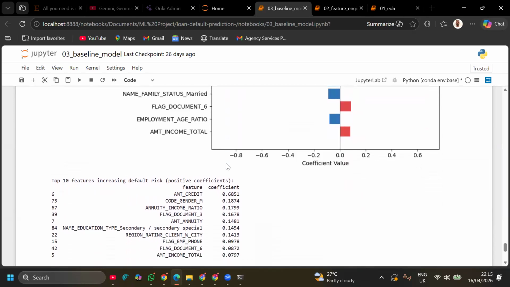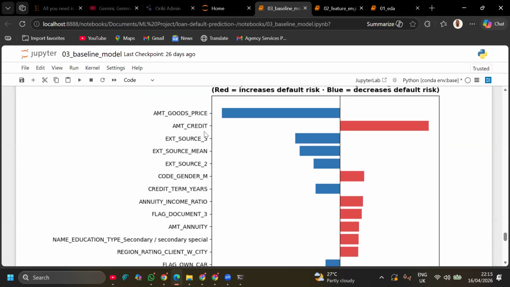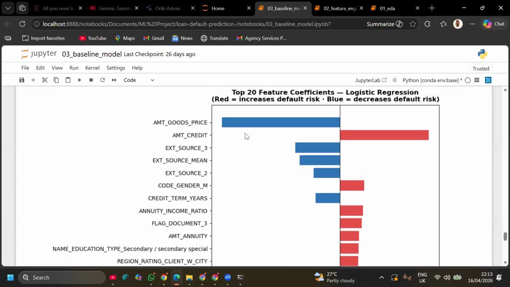We can see that the goods price, the credit amount, the credit bureau, all of these are contributing. They are the predictive power of our prediction. The red part is trying to tell us that this will increase default, while the blue part is trying to tell us that this will decrease default.